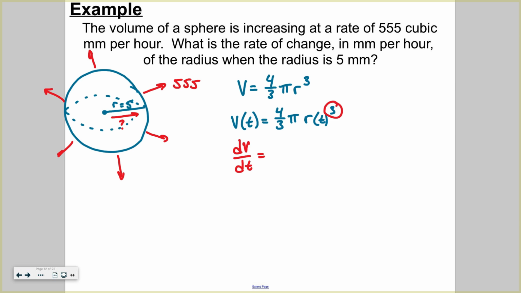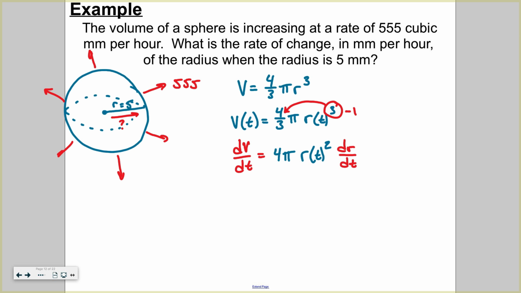So power rule says we're going to take the 3 times the coefficient and subtract 1. So 4/3 pi times 3 is just going to be 4 pi r(t) squared, and then times dr/dt.